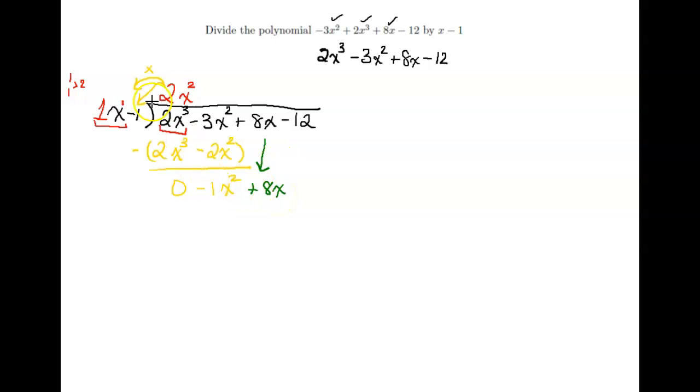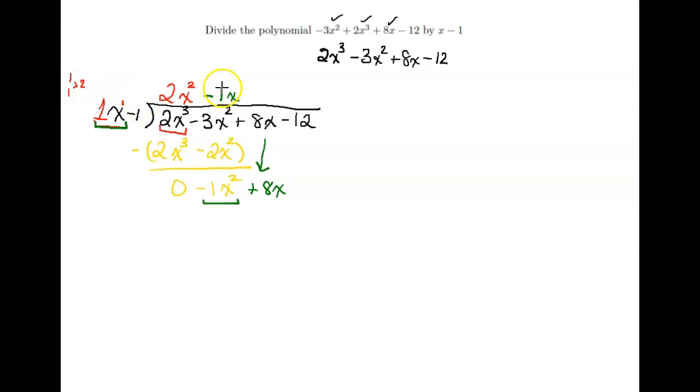We do that all over again. But now I'm comparing the 1x to the negative 1x squared here. So taking a 1 out of a negative 1, well, that's still just negative 1. But if I take a single x out of x squared, that will leave me just 1x left. And now is where we do the multiplying.